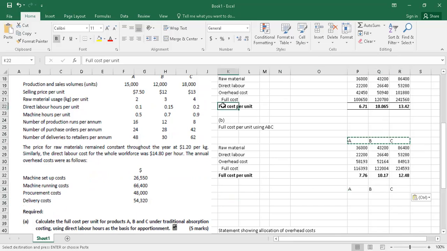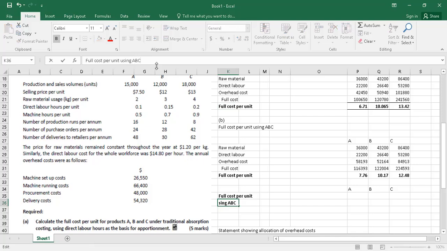Full cost per unit. This one is using ABC. This one is additional costing.